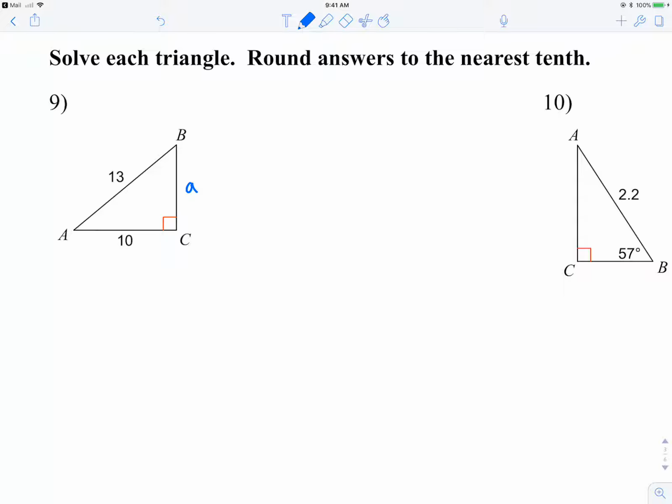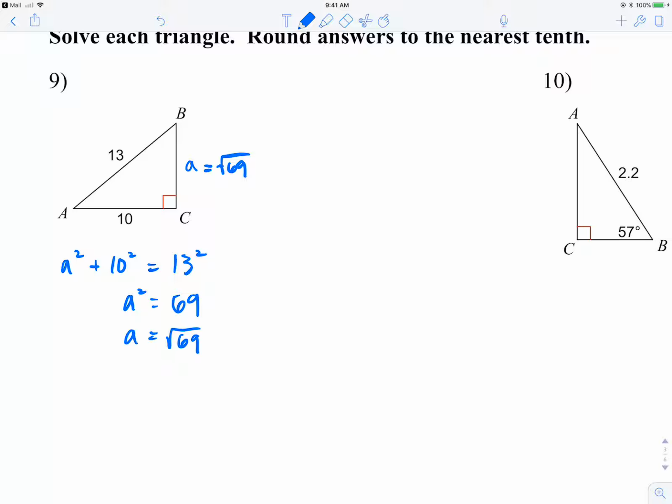So a squared plus 10 squared equals 13 squared. So a squared is equal to 13 squared minus 10 squared, which is 69. So a is equal to the square root of 69. That's the exact value. I could pop it into my calculator for approximation, but I'm just going to leave it as the square root of 69.